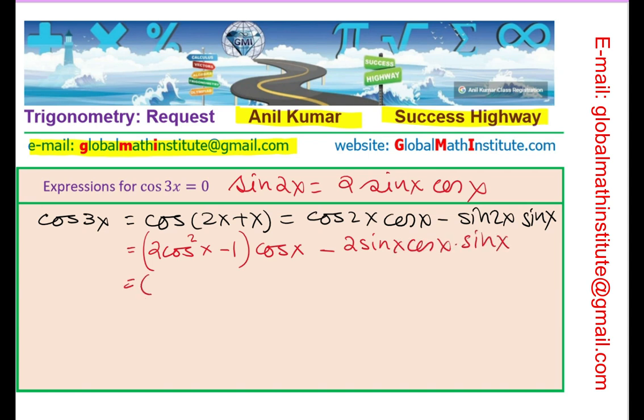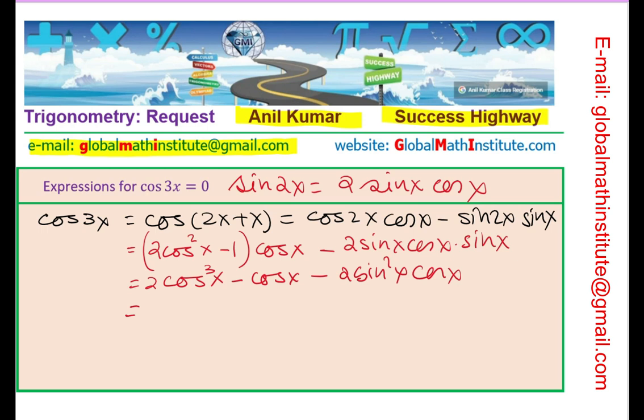You could open the bracket at this instance also. Let's do it, so we get 2 cos cube x minus cos x. Here we'll multiply and get 2 sine square x cos x.